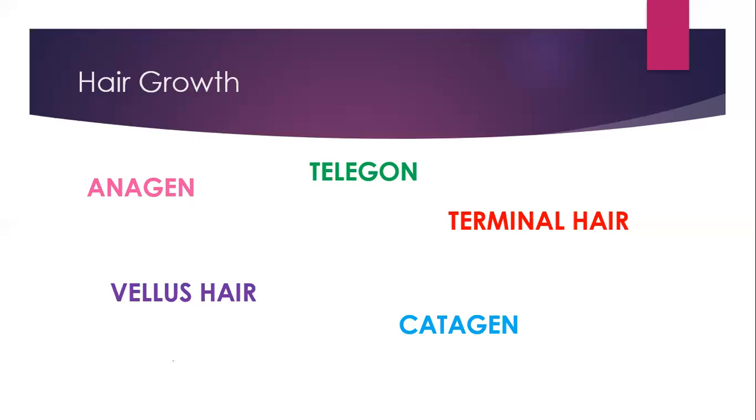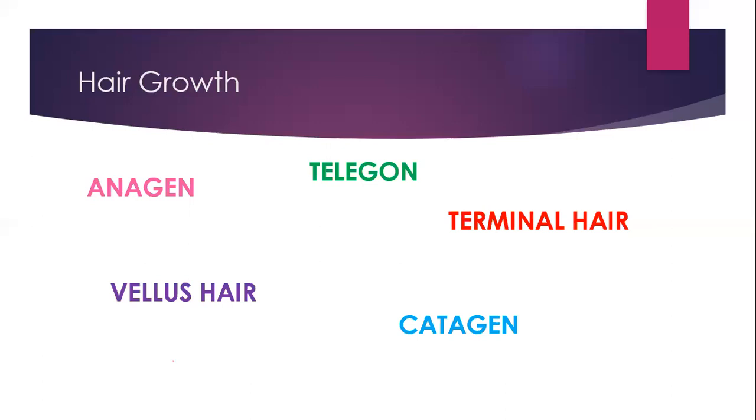So terminal hair is long, it's thick hair, it's pigmented hair, so it's usually quite dark. Definitely the hair on your head, on your scalp, on your face, your eyelashes, your eyebrows, underneath your armpits, and also in the pubic area as well. And the growth of this hair is determined also by hormones. Hormones tell your body, especially in men, you're going to grow terminal hair on your face, which is a beard, but in women, your hormones will not tell your body to grow hair on your face, which is quite interesting.